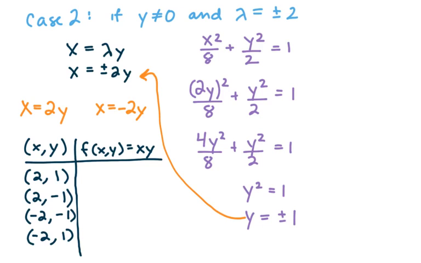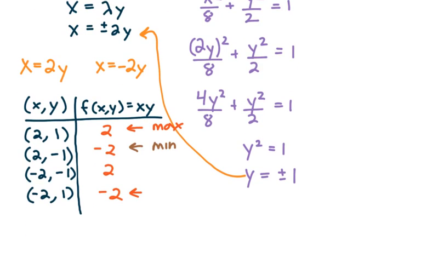And evaluating all of these ordered pairs in my function, which is x times y, I get positive 2, negative 2, positive 2, and negative 2 as my outputs. So what is the largest value? My max is at positive 2, and the minimum is negative 2.